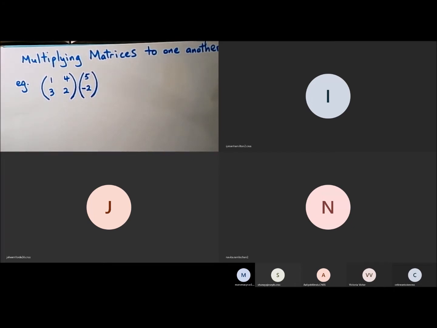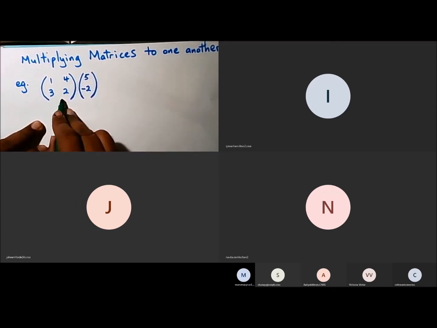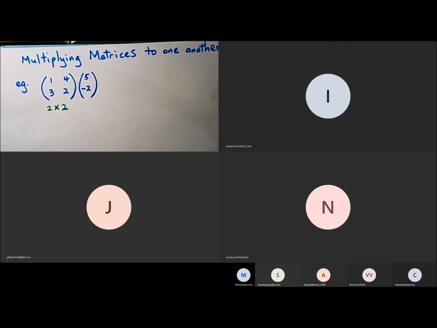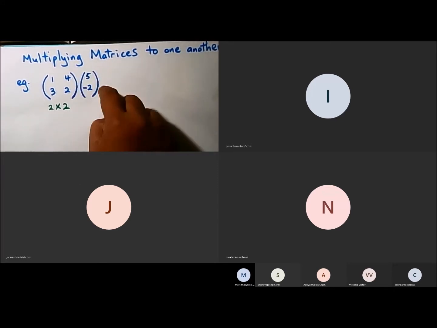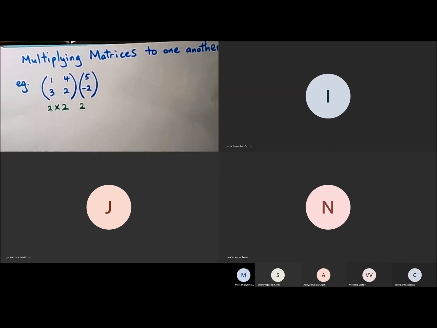So how do we look for compatibility? We check the order of this matrix first. This is a 2 by 2 matrix. But what is the order of this matrix? It's a different shape. How many rows does it have? It has 2 rows. And how many columns?